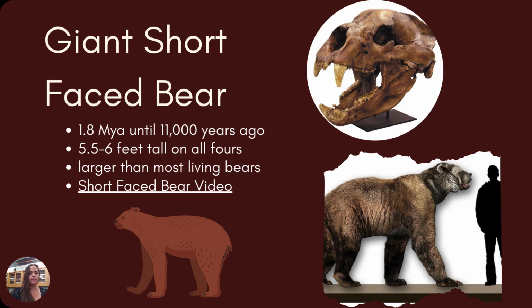When it stands on its hind legs, it goes up to about 8 to 9 feet tall. They lived between 1.8 million and 11,000 years ago, so they died with a lot of the other Pleistocene mammals 11,000 years ago. There's a diagram there showing you just how tall it is next to a 6-foot man. And then there's a video there of the giant short-faced bear.